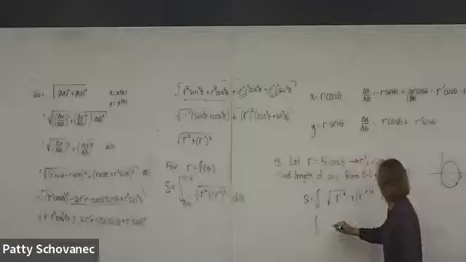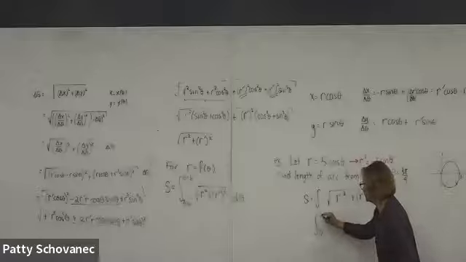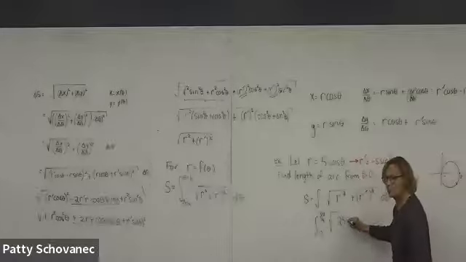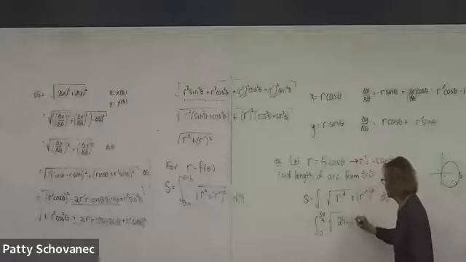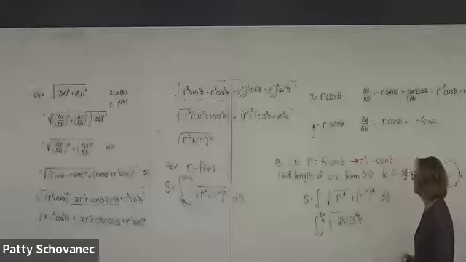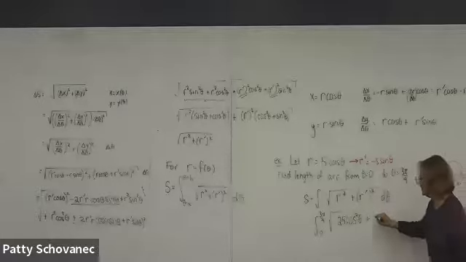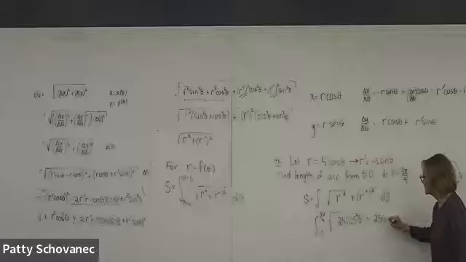So we're going to go from 0 to 3 pi over 4. R squared is 25 cosine squared theta. R prime squared loses the minus sign, and we get 25 sine squared theta.